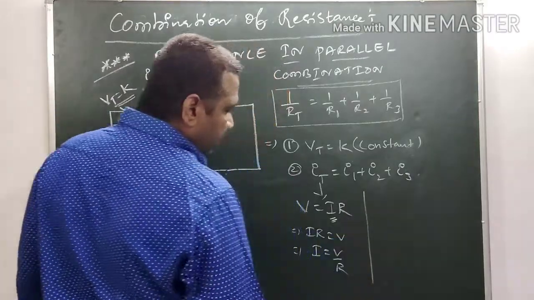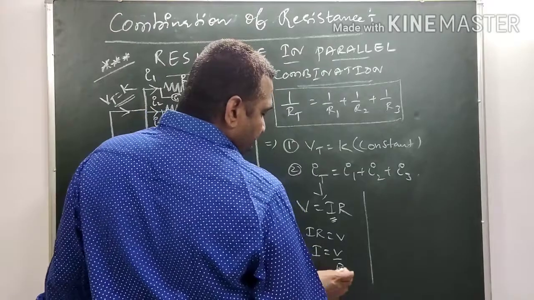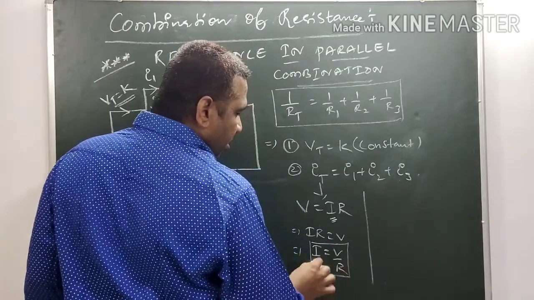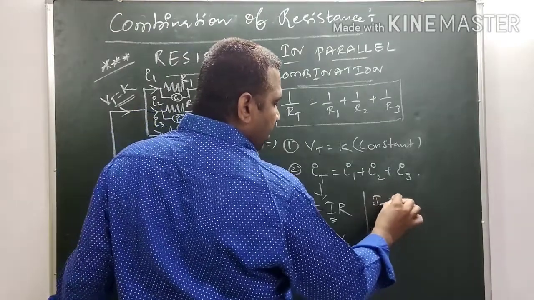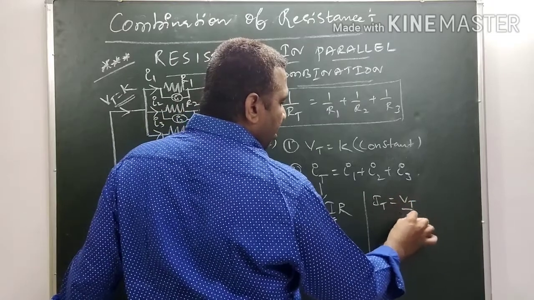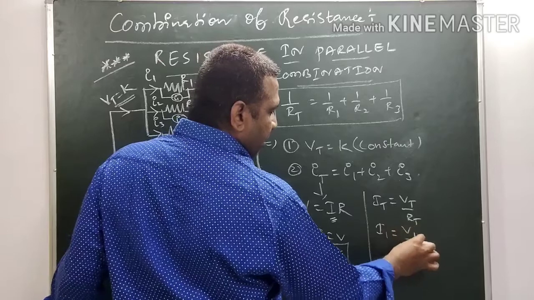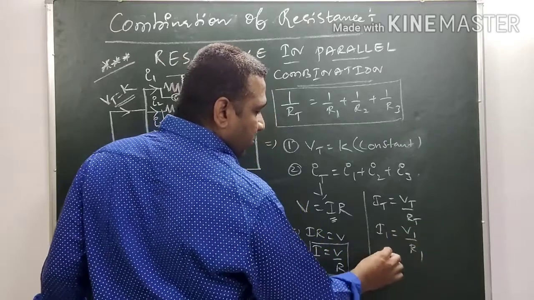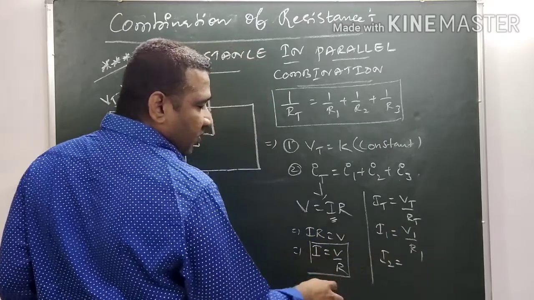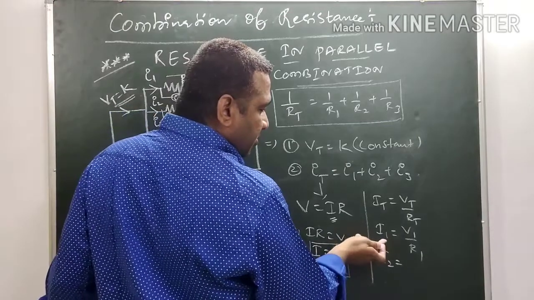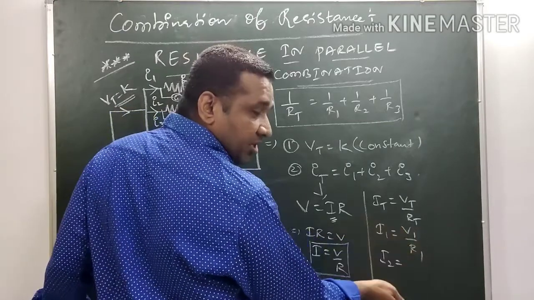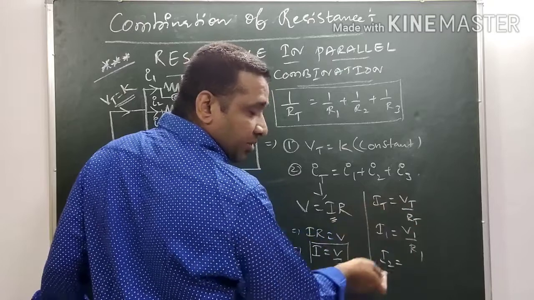Then what is It? It equals Vt by R. Then what is I1? V1 by R1. Then what is I2? The same. From the formula itself you have to write. Simply you have to substitute. If you are taking 1, then you put 1 there. If you are taking T, you put T for the formula.